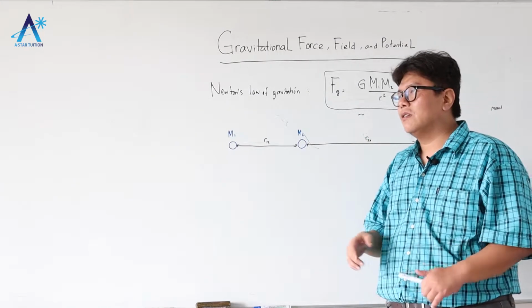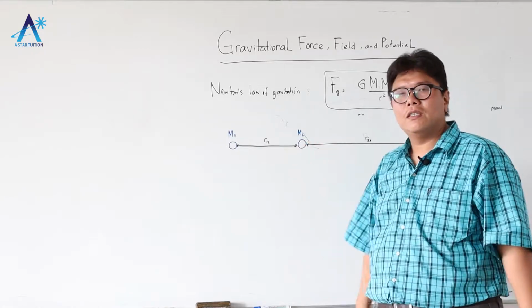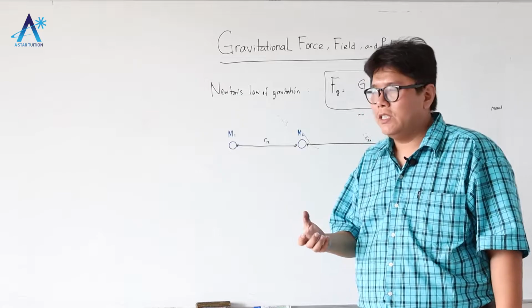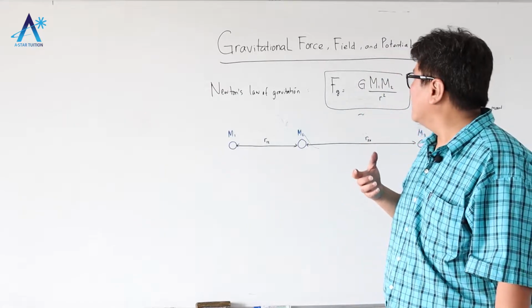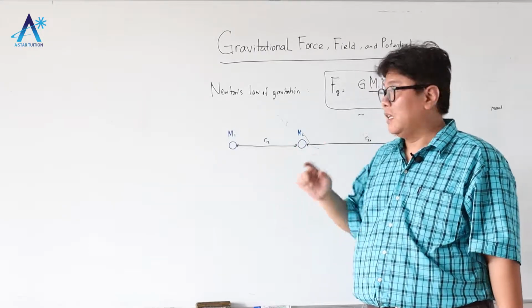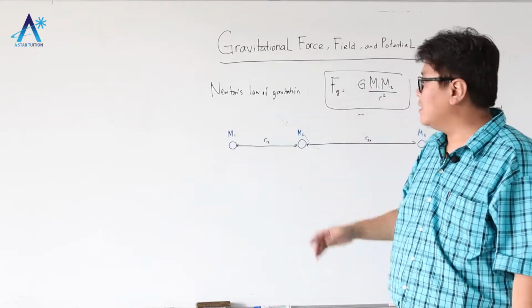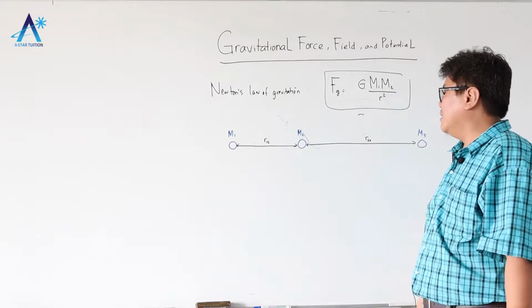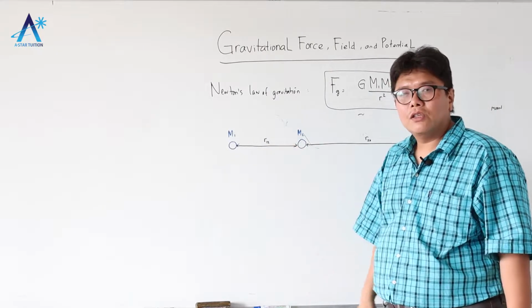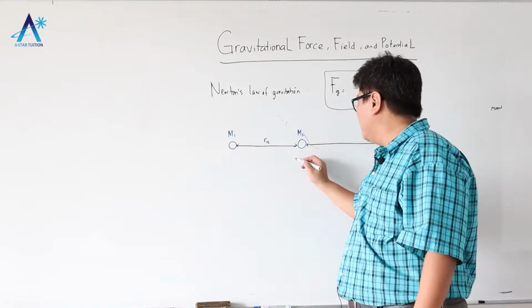Now the question that could arise from this situation is, what is the magnitude and the direction of the resultant gravitational force on m2? Remember, this is force, it's a vector. So in order to answer this, please understand that m2 is attracted to m1, so the direction is going to be to the left.